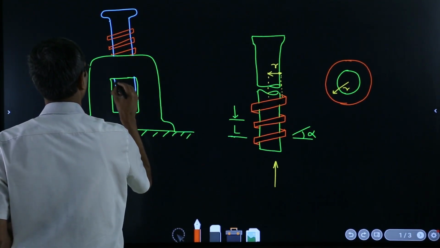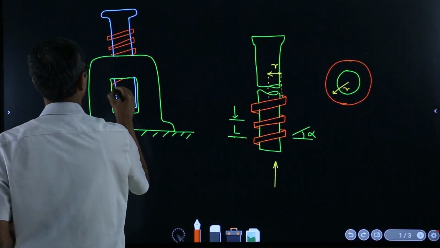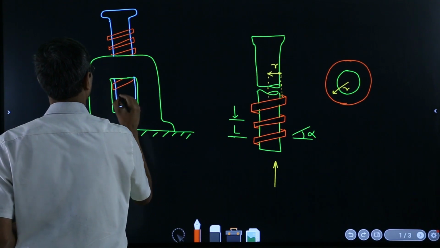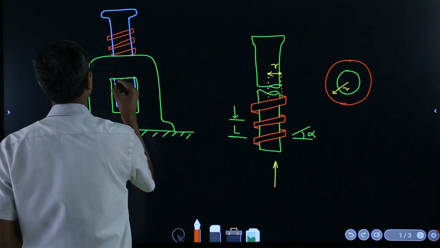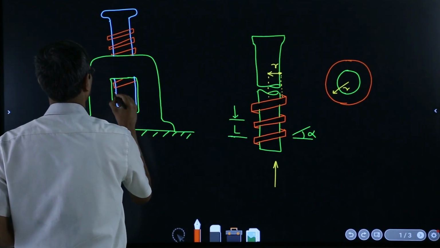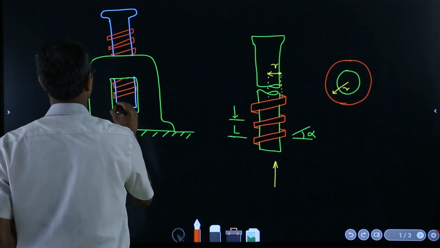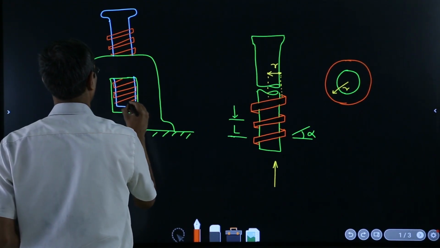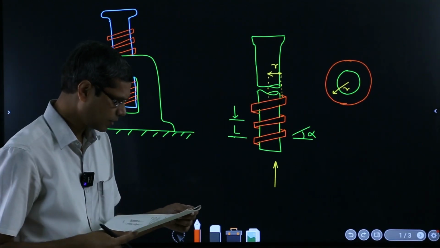Something like that, and here it's like that. The angles are not correct, maybe.